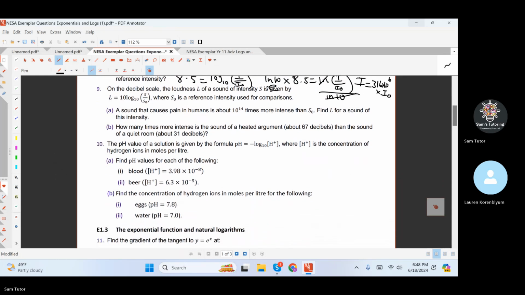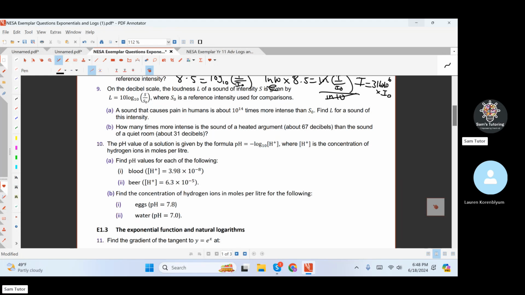Number 9. Rather than the Richter scale, you've got a decibel scale, which measures loudness now. The loudness L of a sound of intensity S. So again, the intensity this time is S. Loudness L. S naught is a reference intensity used for comparisons.